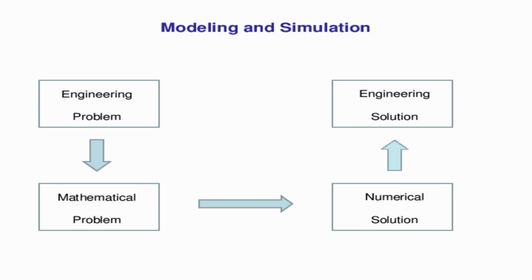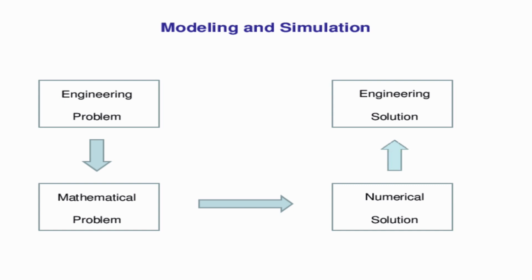Now, anybody with training in mathematics or physics can do this second part, turn the mathematical problem into the numerical solution. And so that's going to be a big part of this class. You'll learn one of the techniques for doing that. There are many, many ways to take continuous partial differential equations and turn them into a discrete set of algebraic equations that we can solve on a computer.